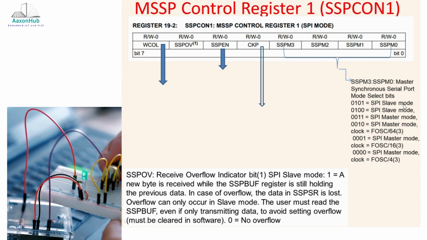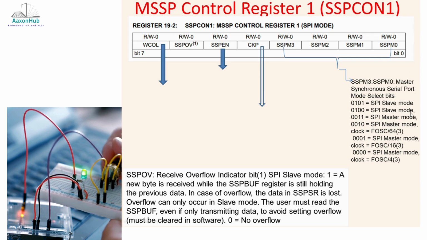In that SPI slave mode, the SCK clock pin will be enabled and the SS bar pin will be disabled, so SS bar can be used as an input and output pin.